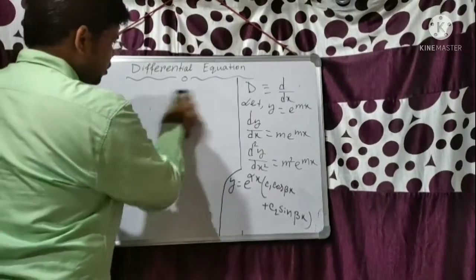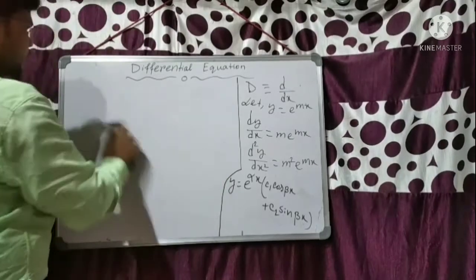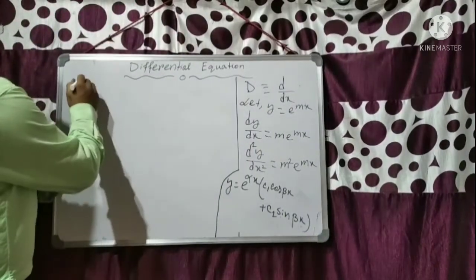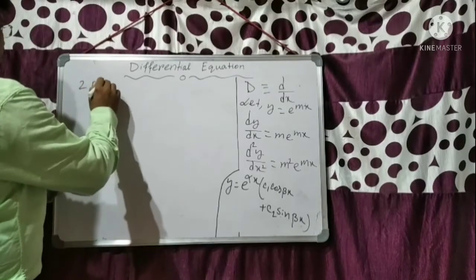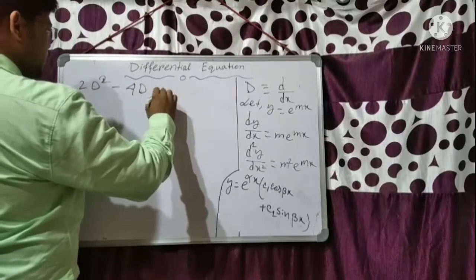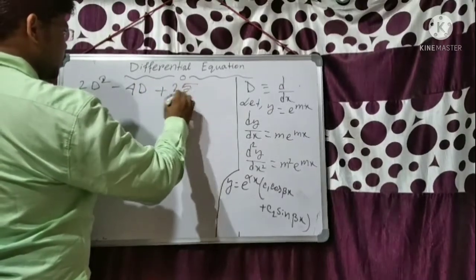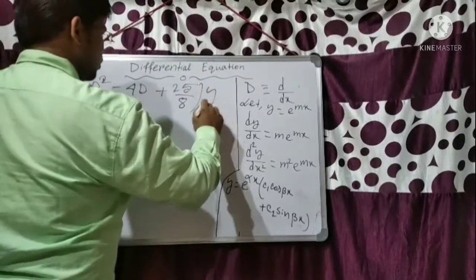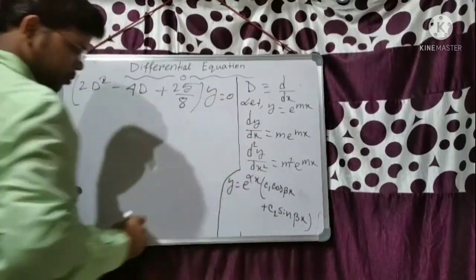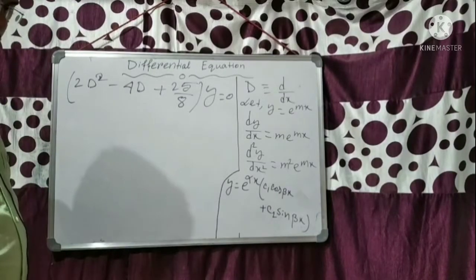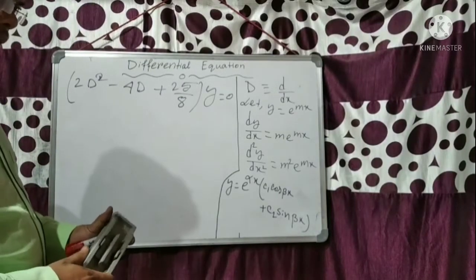2D square minus 4D plus 25 by 8 into y, this equal to 0. Okay, 2D square minus 4D plus 25 by 8, this equal to 0.